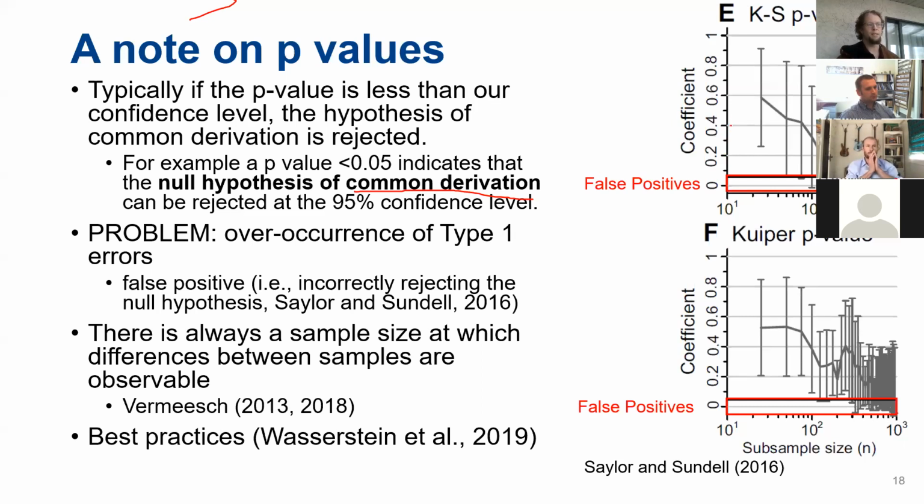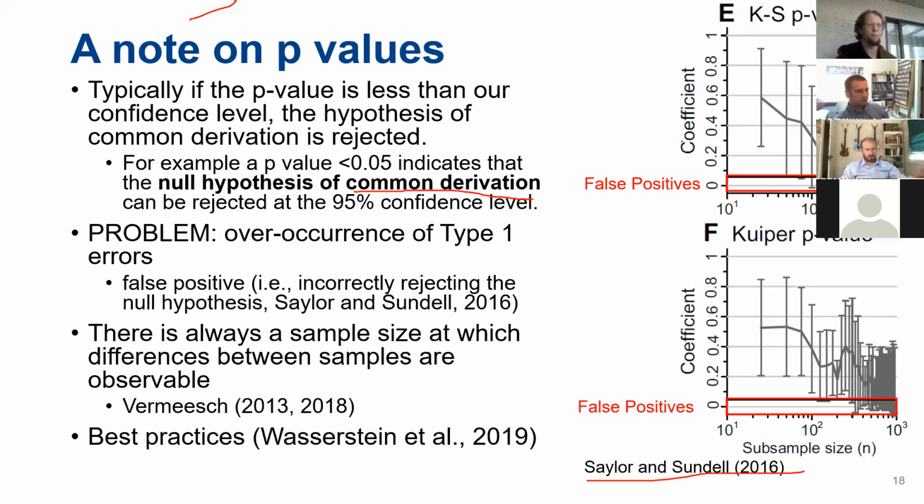This is from some work that Kurt and I did back in 2016. Basically, we had this huge population, I forget how many millions of grain ages we put into this synthetic data set. And then we drew anywhere from 50 up to 1,000 ages a couple times, and compared those samples across that range of sample sizes.